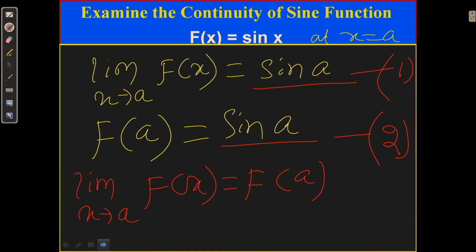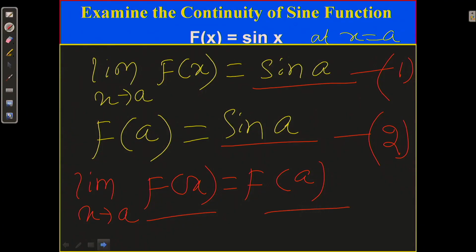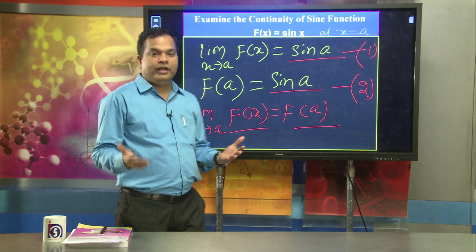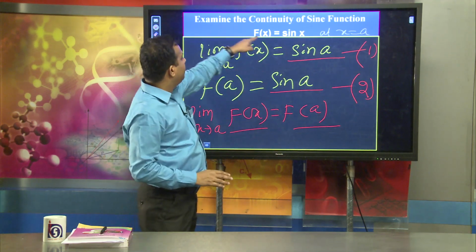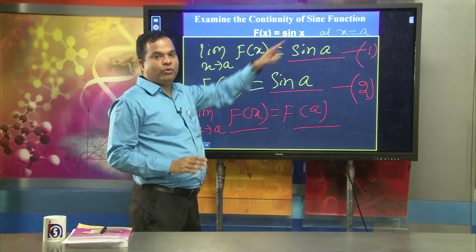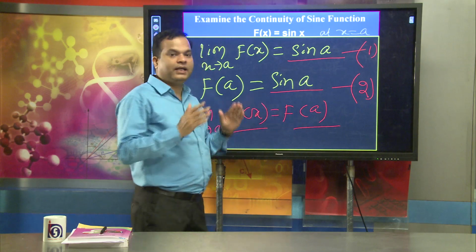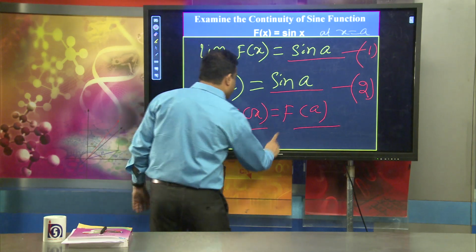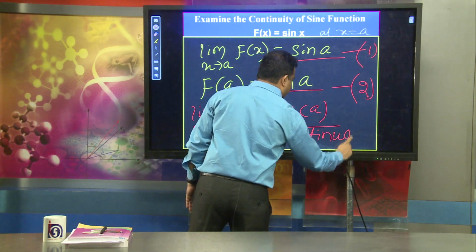That means the limiting value is equal to the functional value. So, what do we conclude? If the limiting value is equal to the functional value, and the function is f(x) equals sin x, we conclude that the function sin x is continuous.